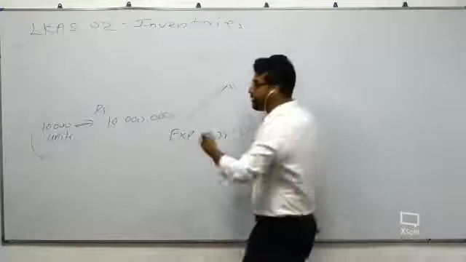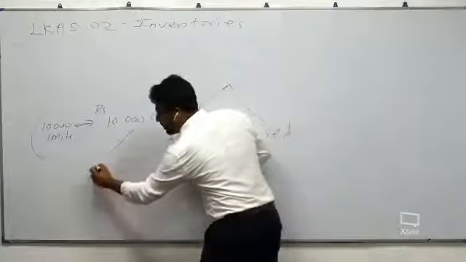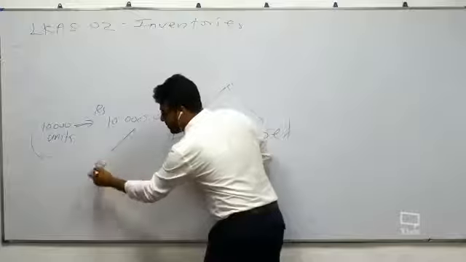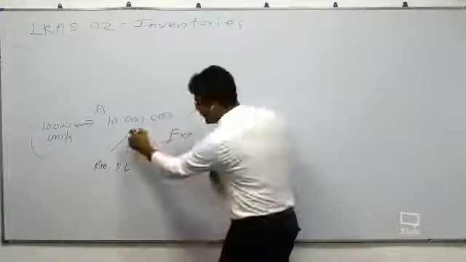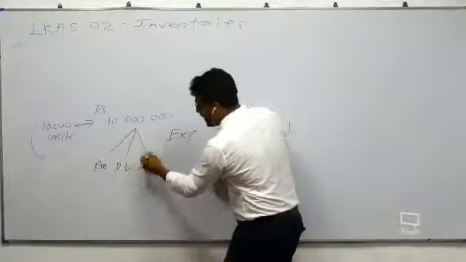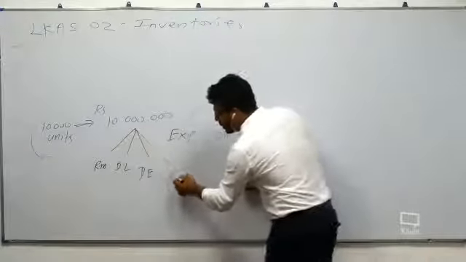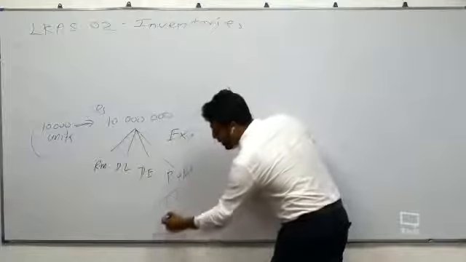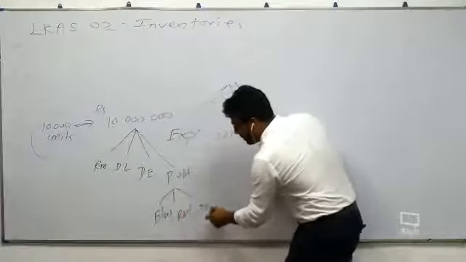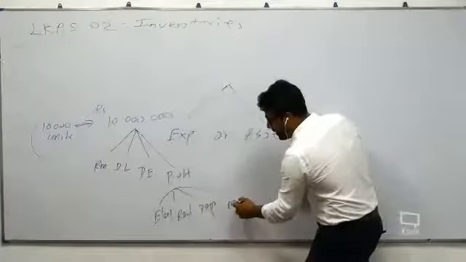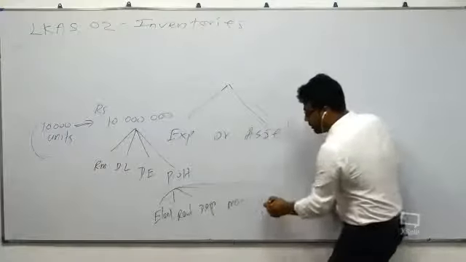This 10 million includes raw material expense, direct labor, salary paid for the laborers, direct expenses, and all the production overhead. Production overhead includes electricity, rent, depreciation, manager salary, and insurance of the factory.